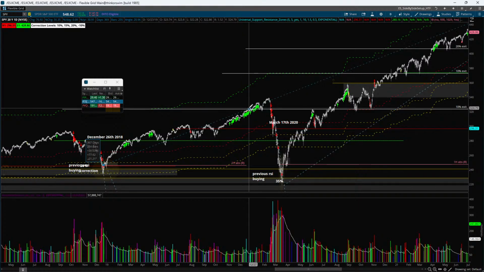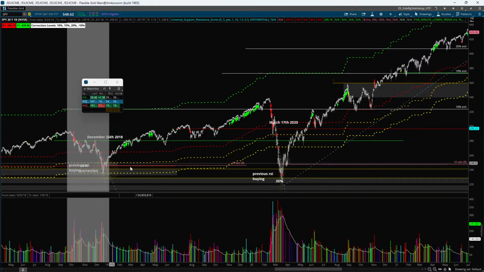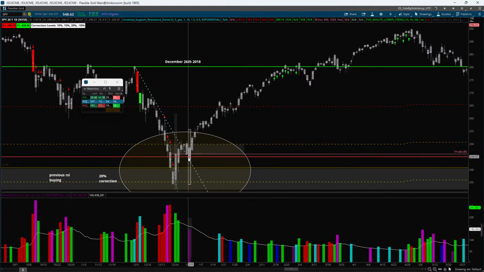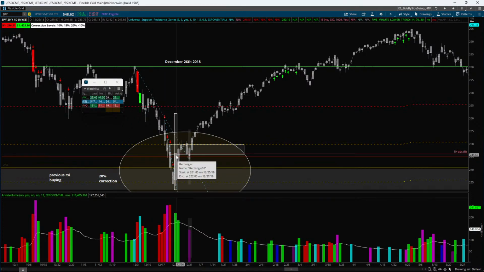So about 250 days is the average. It seems like 256 days, right? But we will need to see how price reacts, because this looks good.